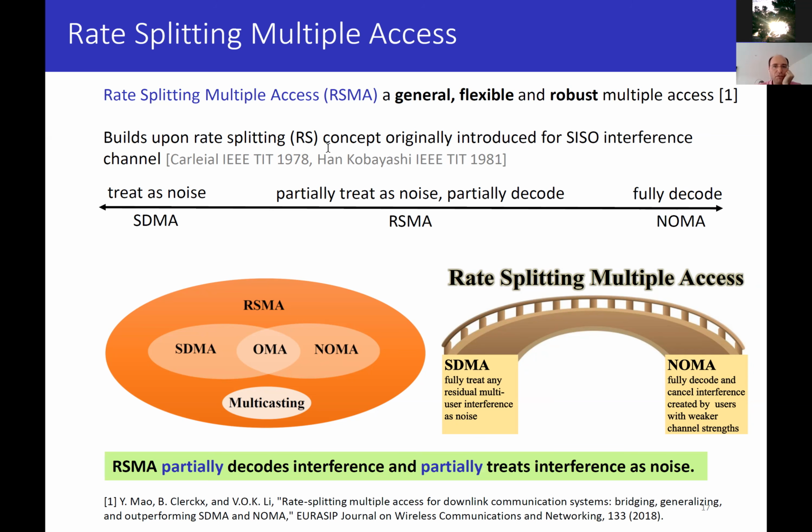But it's been revisited in recent years, not for the interference channels and not for the SISO case, but more for the broadcast channels and the multi-antenna case. We'll show that RSMA is a way to bridge SDMA on one hand and NOMA on the other hand, by partially decoding interference and partially treating it as noise.